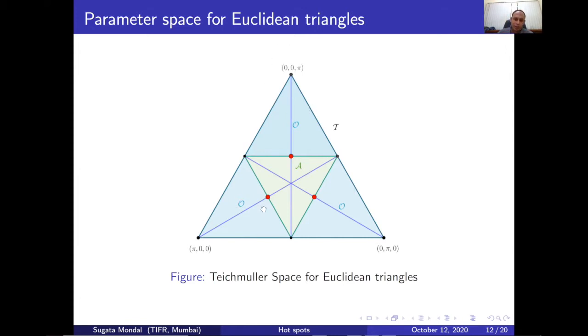This light bluish part, marked by the O symbol, corresponds to obtuse triangles, and the interior part, a smaller triangle in light green or maybe a little bit gray color, corresponds to acute triangles. It is very easy to see that this thing is actually two-dimensional. If I take any two points in this parameter space, I can connect them by a nice continuous family of triangles in the plane.